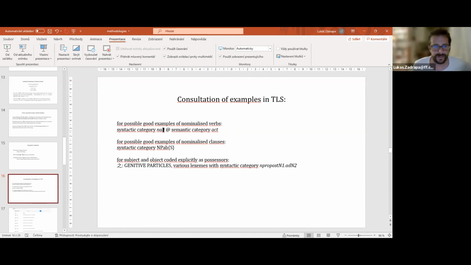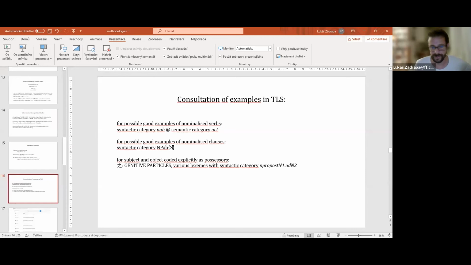You have already seen that many of such examples will be analyzed in the system as NABs, abstract nouns, with the semantic category action nouns, but there will be many examples under the syntactic category NP8S, which means that it is a nominal phrase, an abstract nominal phrase, and in fact it is nominalized from a sentence.